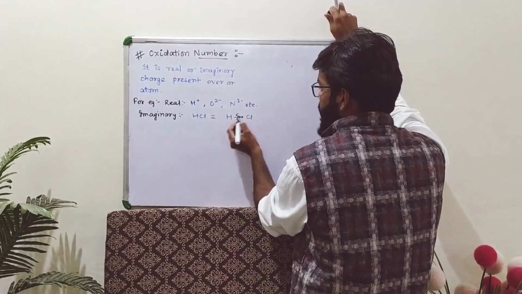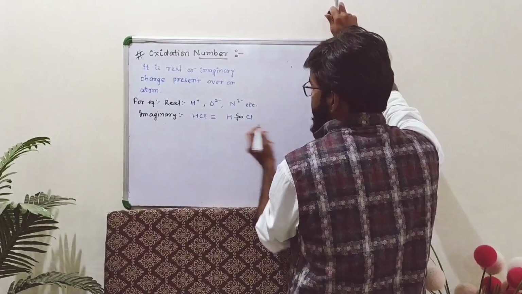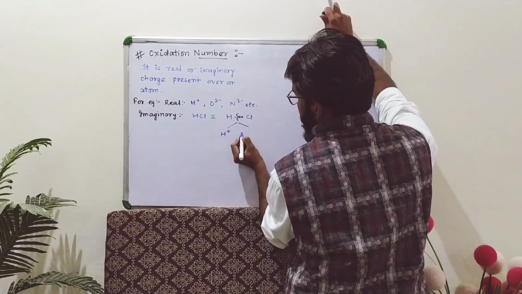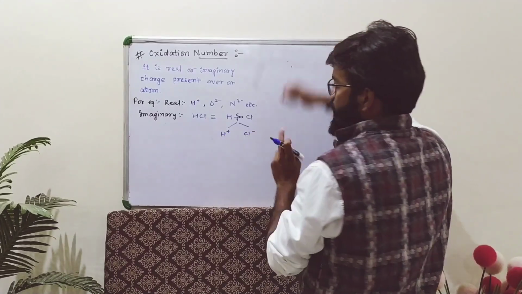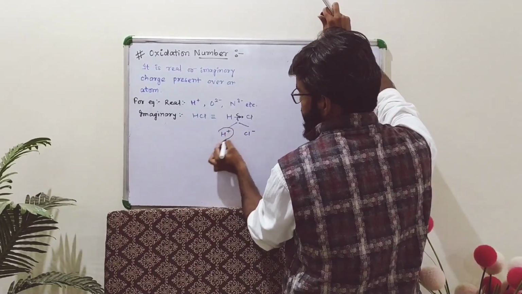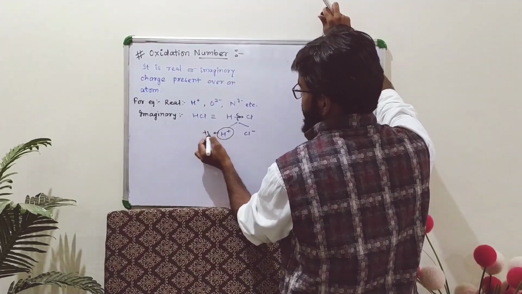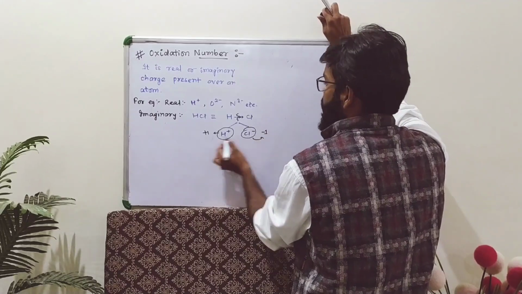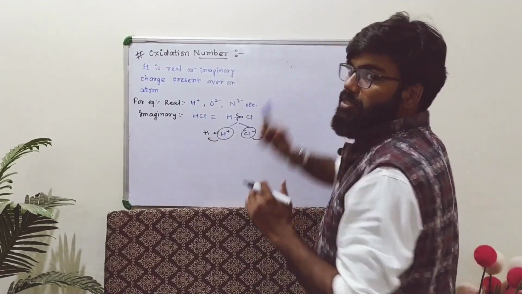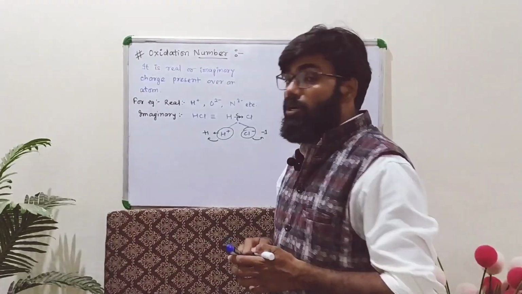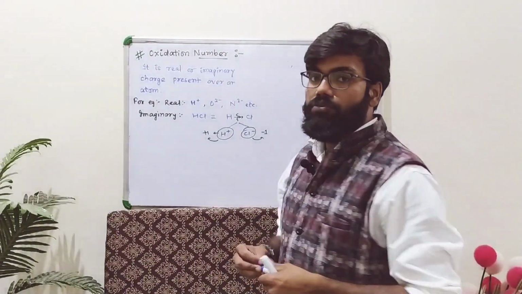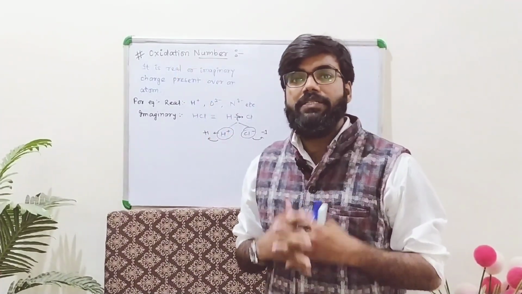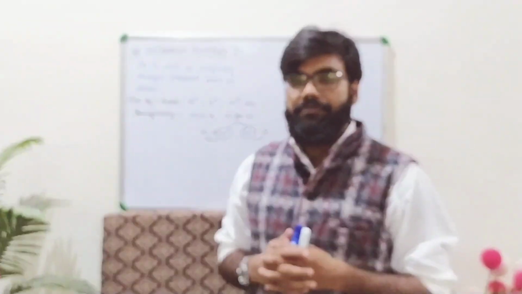When this bond breaks, it will give H plus and Cl minus. So here hydrogen has +1 oxidation number, and here chlorine has -1 oxidation number. So it was an imaginary charge because the charge was not shown, but it can be found out. So oxidation number is nothing but the real or imaginary charge present over any atom.